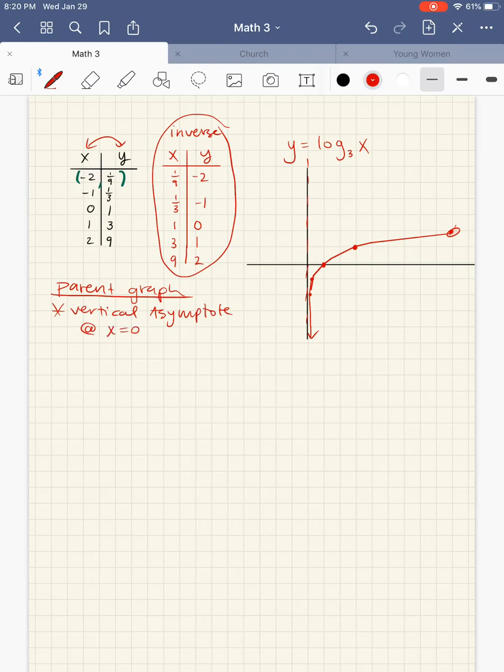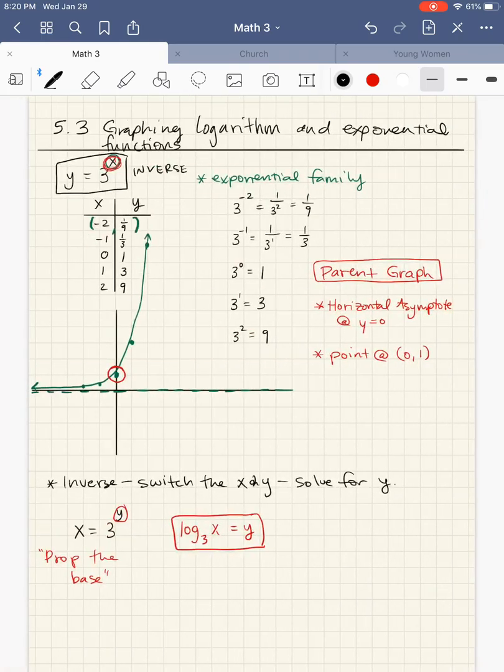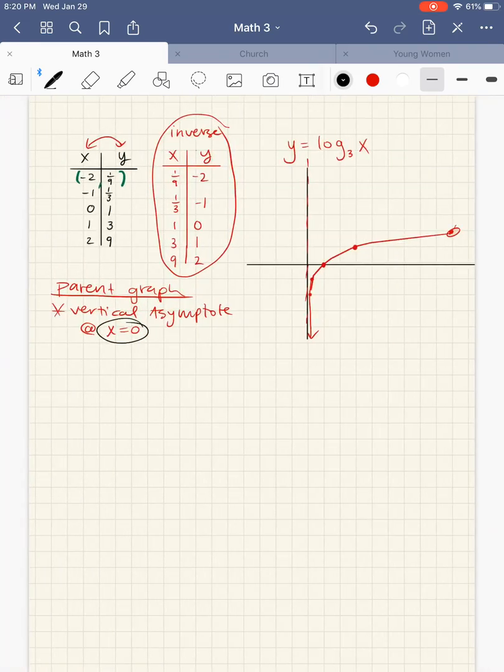So remember, all the x's and all the y's switch. So this vertical asymptote's equation is x equals 0, but before our horizontal asymptote was y equals 0. So even that x and y switch. Okay, so we got a vertical asymptote at x equals 0, and then our key point on the logarithm graph is this one right here. So we'll say point at 1, 0.